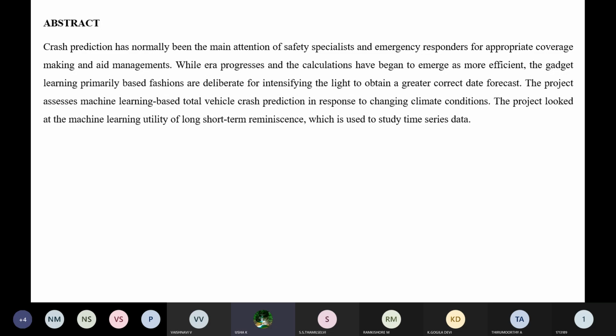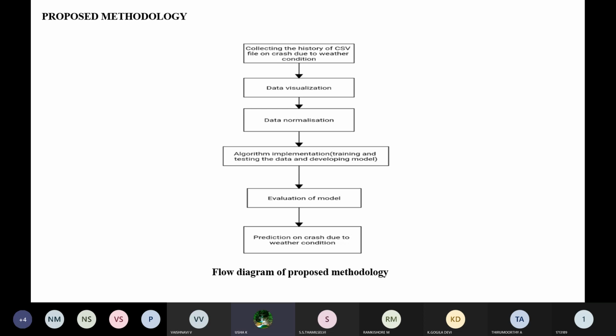Proposed methodology: first, we collect the history CSV file on crash due to weather conditions. Then we normalize the data, implement the algorithm, and evaluate the model, and at last predict the crash due to rain and sunny conditions.